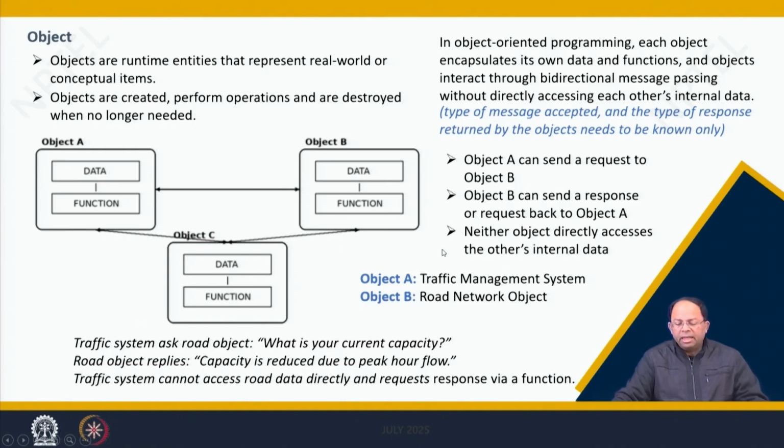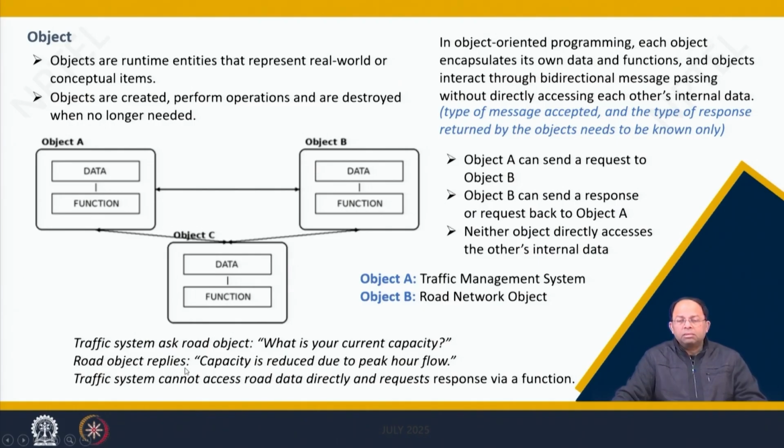For an example, let us assume object A is a traffic management system, and object B is a road network object. Now the traffic system asks the road object, what is your current capacity. That means it is trying to access the capacity function within the road network object.